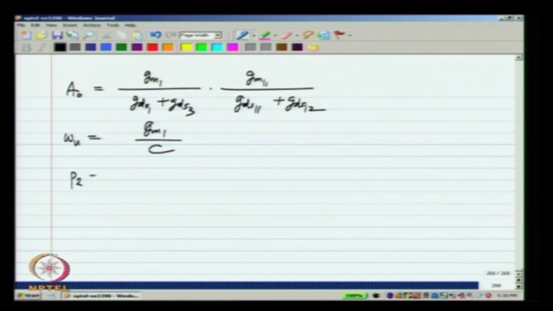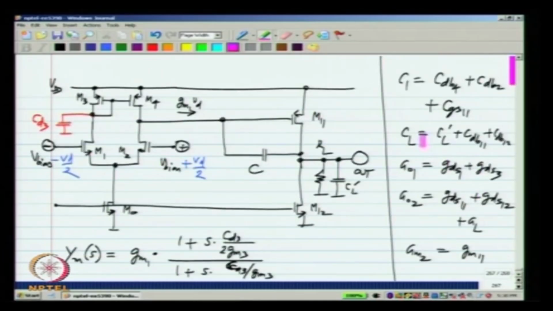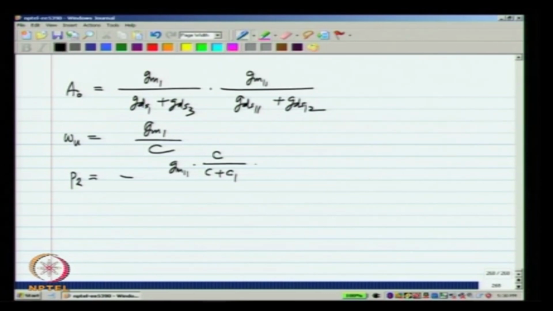Now, the non-dominant pole that we have calculated is minus GM11 C by C plus C1. C1 value can be substituted from the expressions over here, plus the total output conductance GO2, whatever that is, usually that is negligible, series combination of C and C1 plus the total CL. This is one of the non-dominant poles.